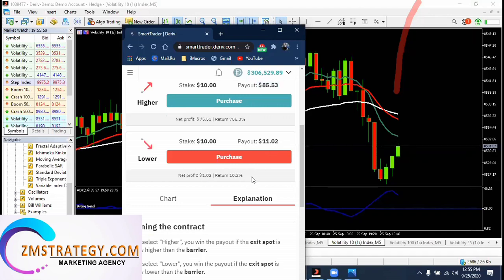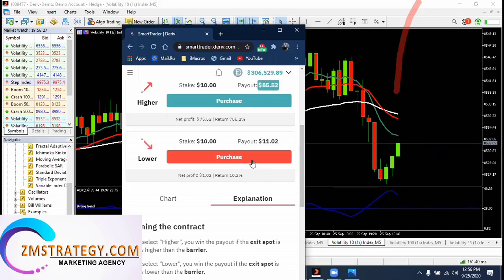So let's watch the market and see if it can get close to the moving average and reverse. It's moving close to the moving average.